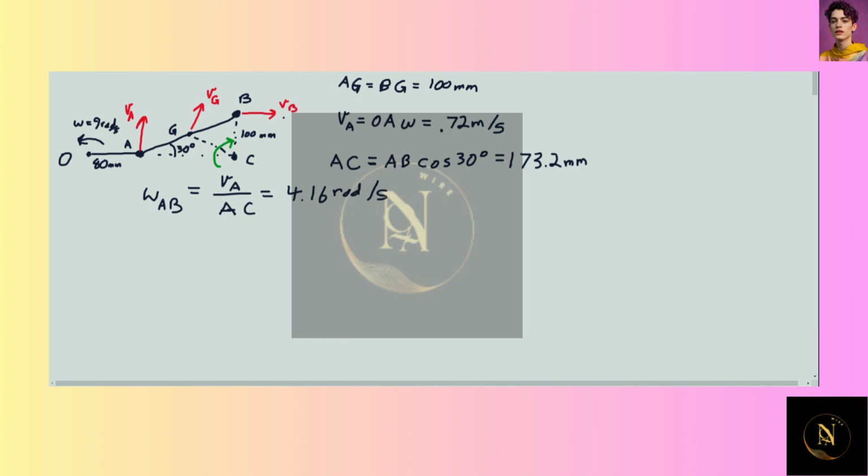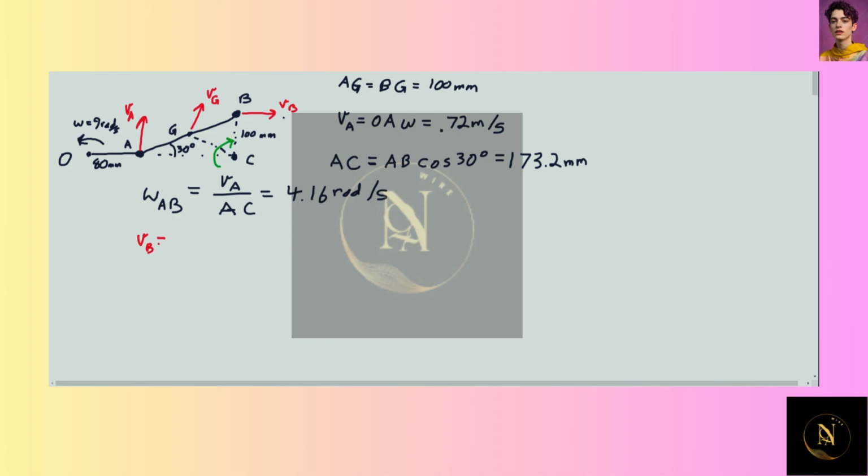So after we have that omega, we can calculate the distance between point B and C, which is just 100 millimeters because that was given to us, so we don't actually have to calculate that here. Then we can find the velocity of point B. So I'll switch to red here.